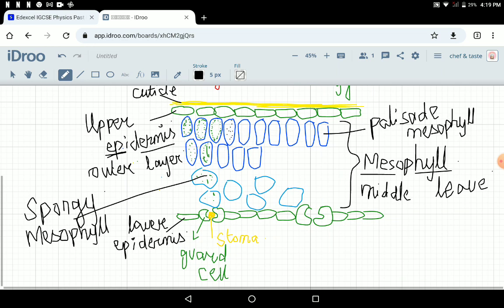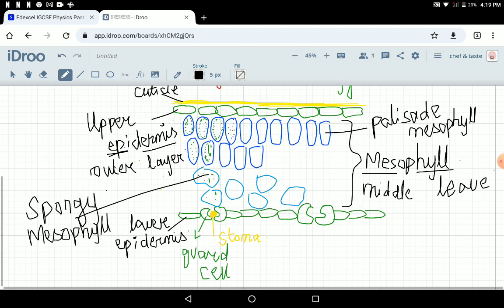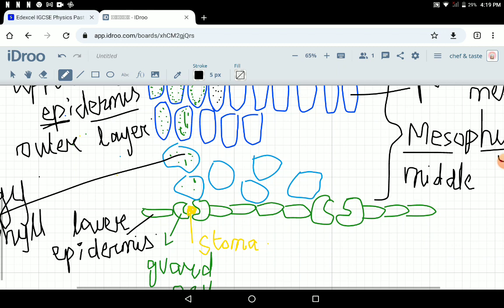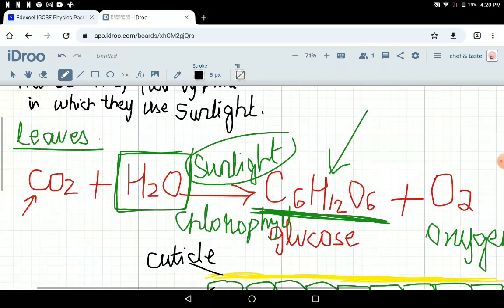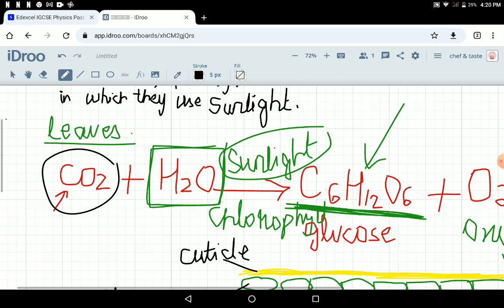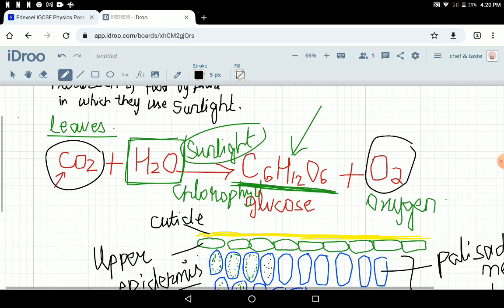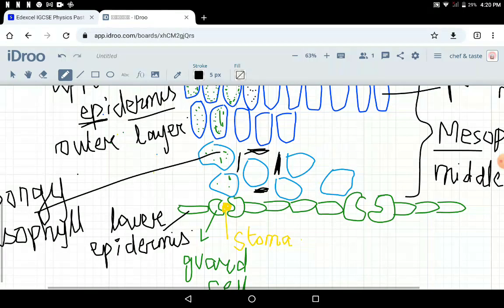The main purpose of the spongy mesophyll is to provide a track, because you can see here spaces between the cells. These are intercellular spaces, which provide a pathway for different gases to travel, because we have studied that two gases are involved in photosynthesis: carbon dioxide and oxygen. In this way, carbon dioxide can easily enter and travel through these spaces to the palisade mesophyll where photosynthesis will take place.